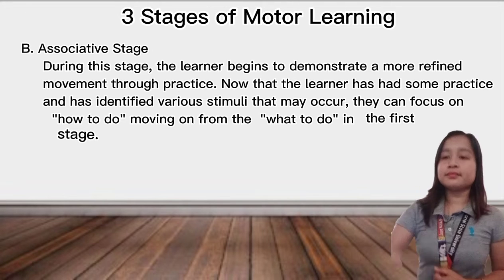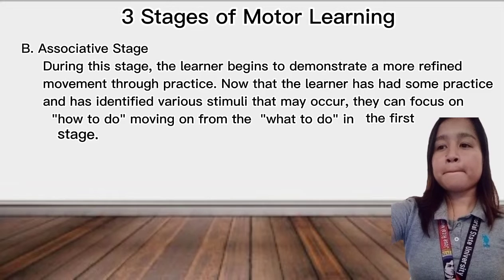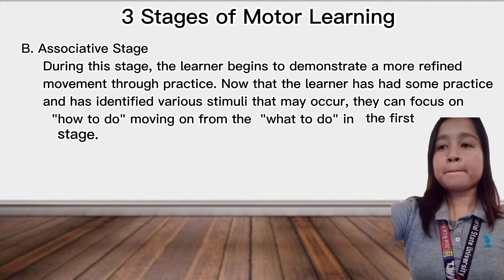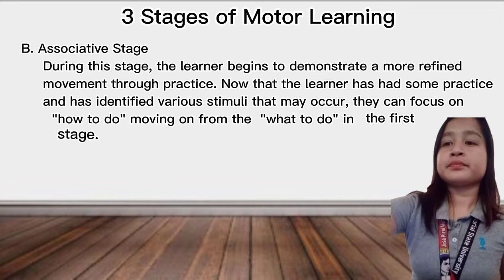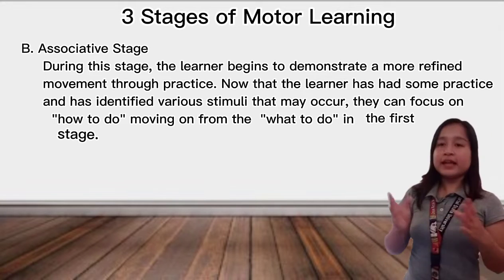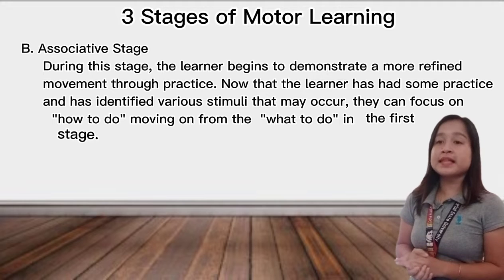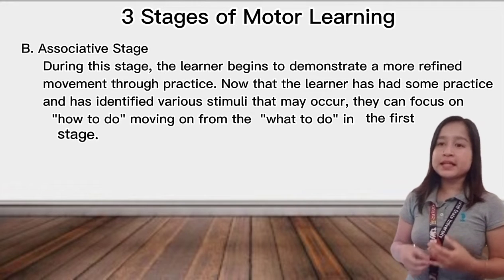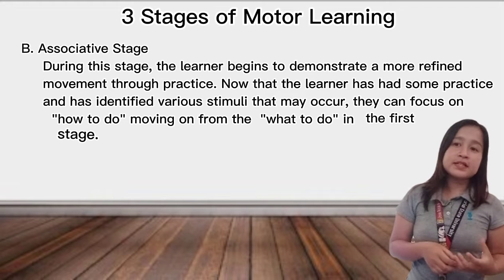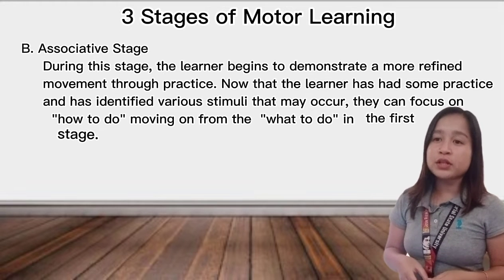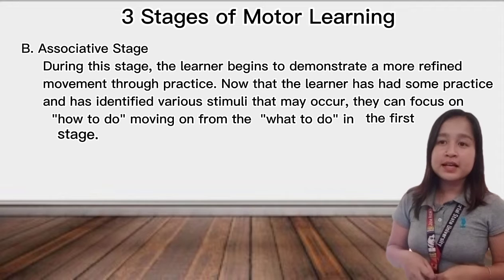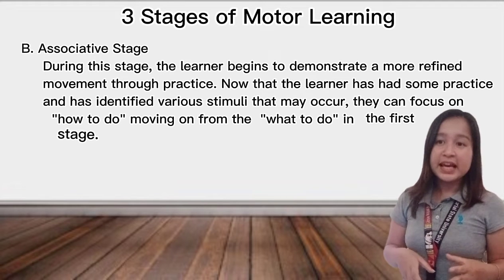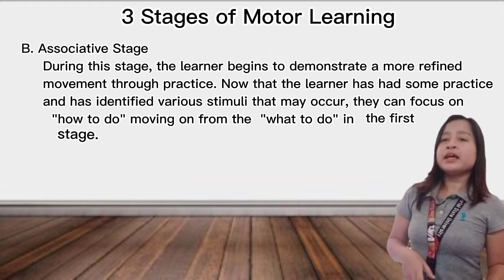Associative stage. During this stage, the learner begins to demonstrate a more refined movement through practice. Now that the learner has had some practice and has identified various stimuli that may occur, they can focus on how to do, moving on from the what to do in the first stage. Okay, thank you. So the associative stage is just like it sounds. The beginner participant begins to associate a movement or skill with the verbal or visual cues being given by the instructor, and this may enable them to react more quickly and efficiently.